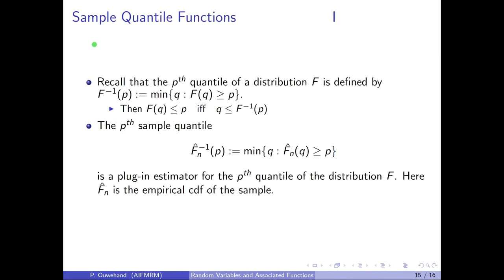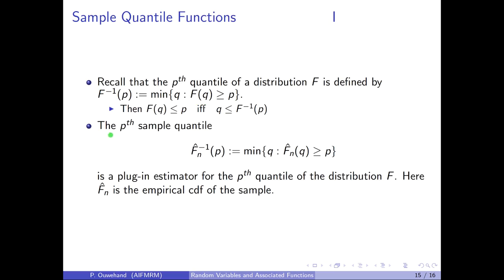We've seen that we can get an estimator of the true CDF from a sample of identically distributed data points using the empirical CDF. In the same way, we can obtain an estimator of the quantile function of a distribution from data using sample quantile functions. Recall that the p-th quantile of a distribution F is defined to be the least q for which the distribution function is greater or equal to p.